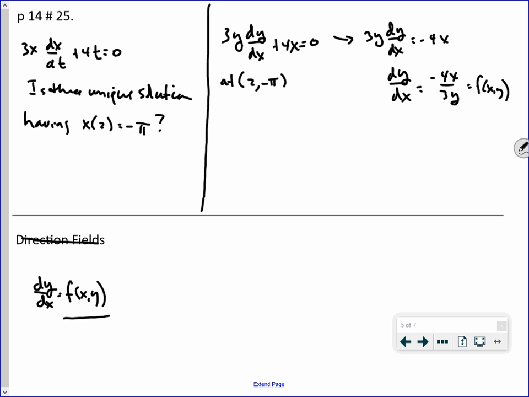Solving for dy/dx, I get dy/dx is negative 4x over 3y. And that's my function, f of x, y.